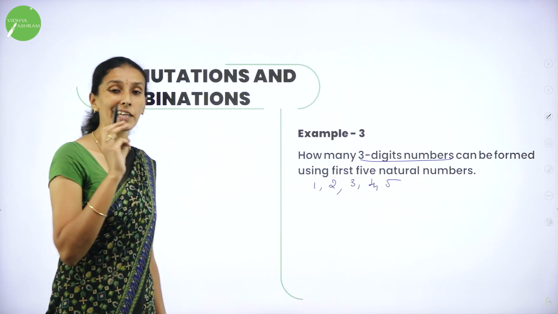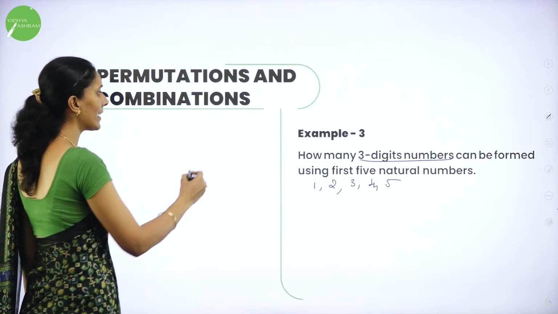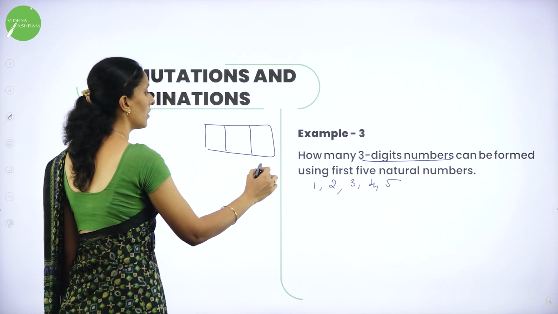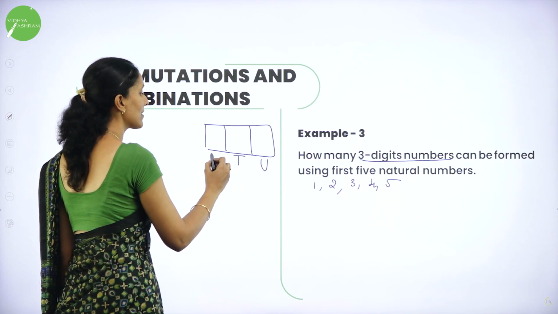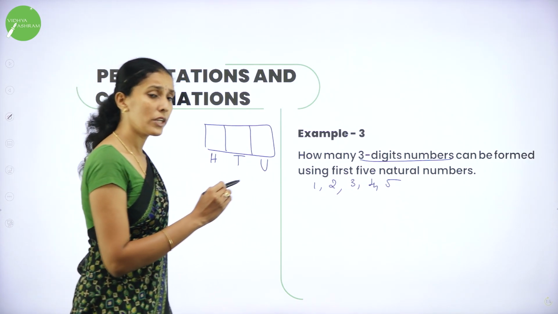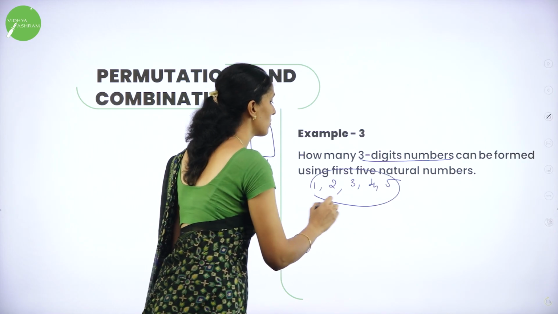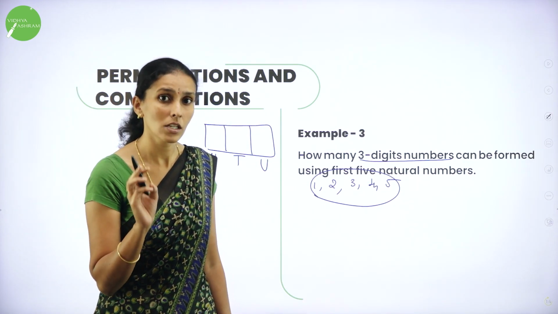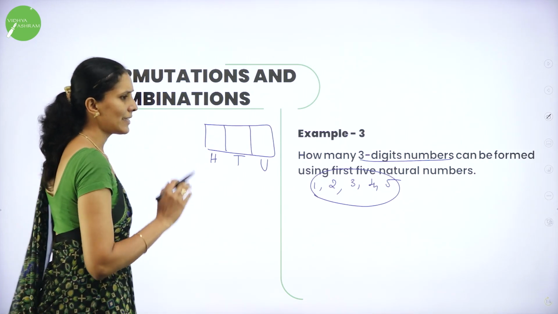We have to form 3-digit numbers. So 3 digits means we have units place, tens place and hundreds place. So using only these 5 numbers, 1, 2, 3, 4, 5, you have to form a 3-digit number.